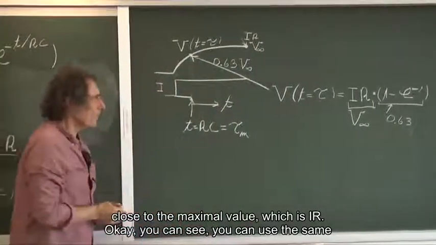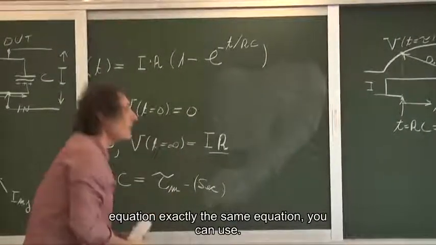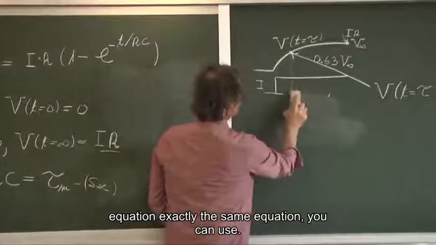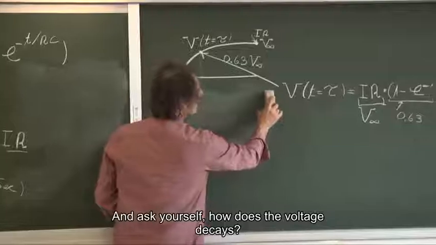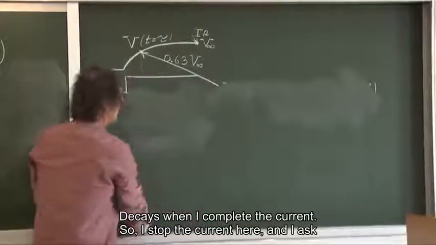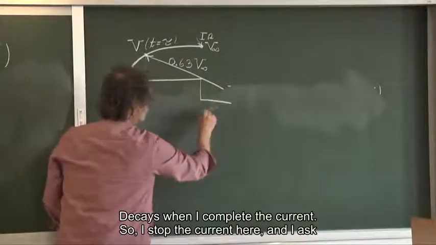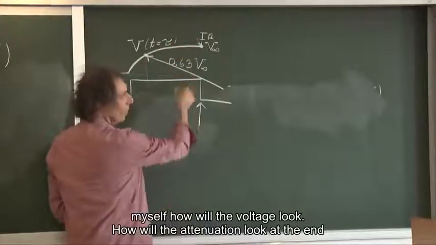Okay? You can use exactly the same equation and ask yourself, how does the voltage decay when I complete the current? So I stop the current here, and I ask myself, how will the voltage look?